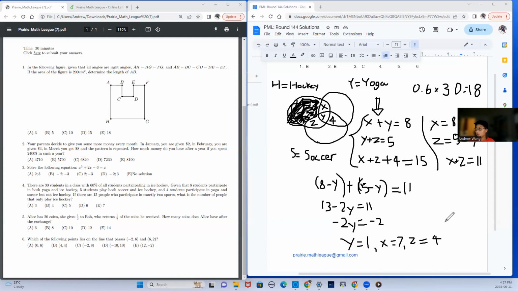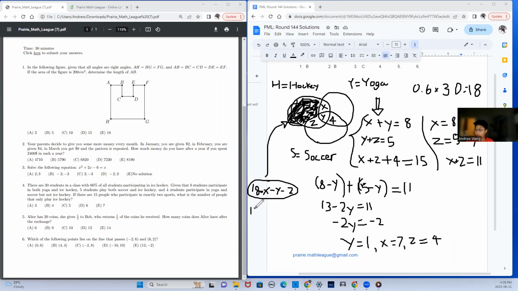So the total number of people who play hockey, whether they do 3 sports, 2 sports, or only hockey, is 18. So basically 18 minus X minus Y minus Z will equal this shaded region, which is the amount of people who only play ice hockey.